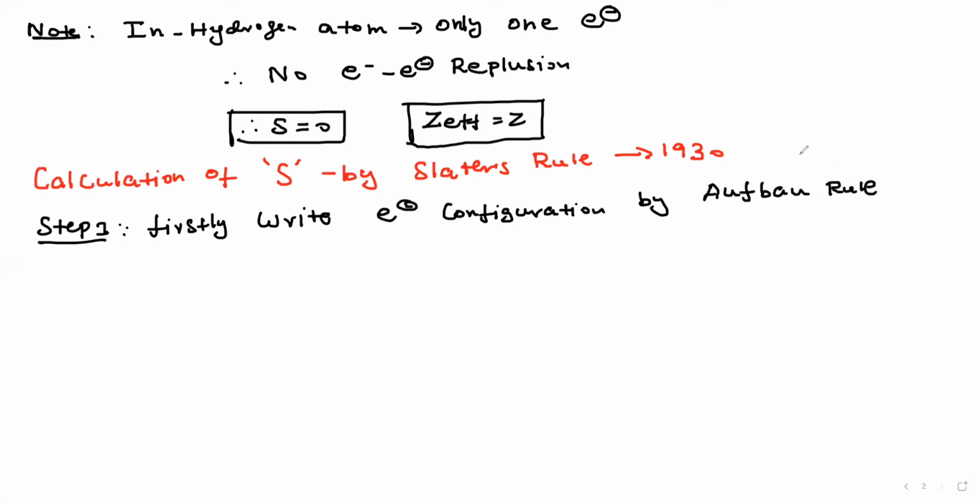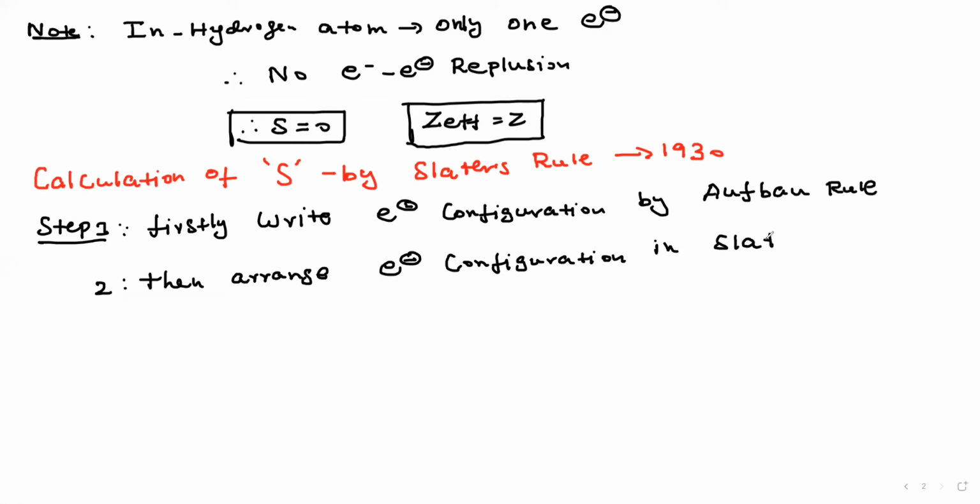First, okay? And second step, please note. The first step and the second step: then arrange the electronic configuration in the Slater manner. What is the step? I will tell you.